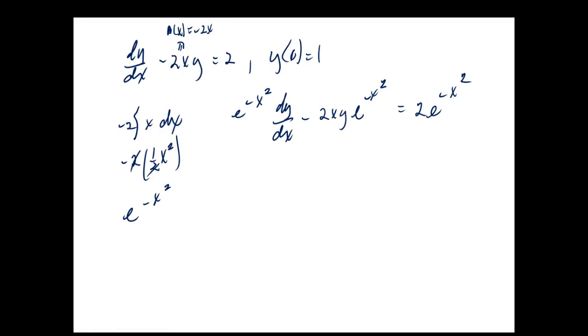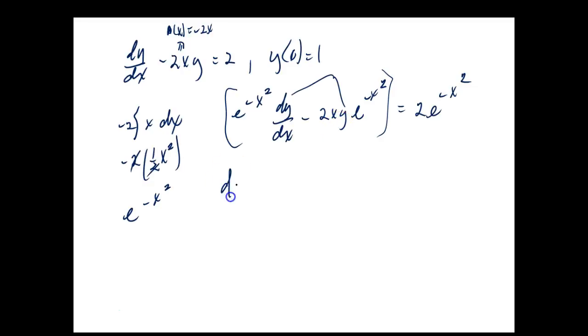Now, this side had better be a perfect differential, right? Here's one part, there's your y and your dy, and the other part is e to the minus x squared. So here's your function here.